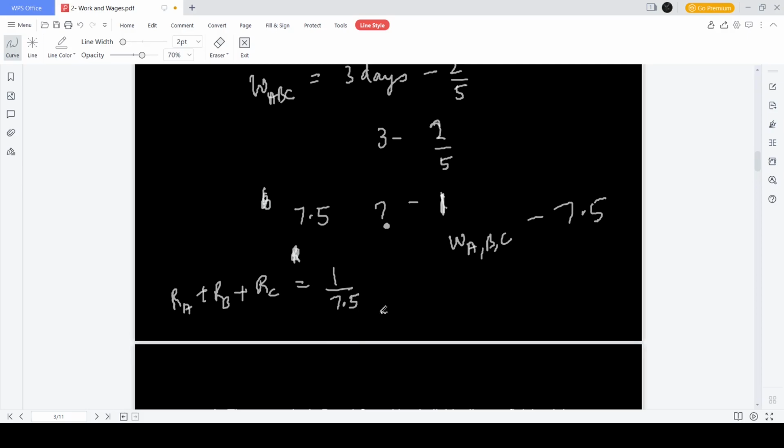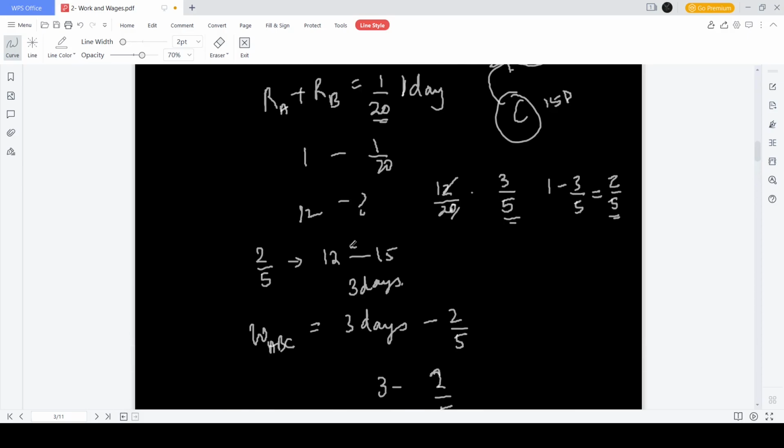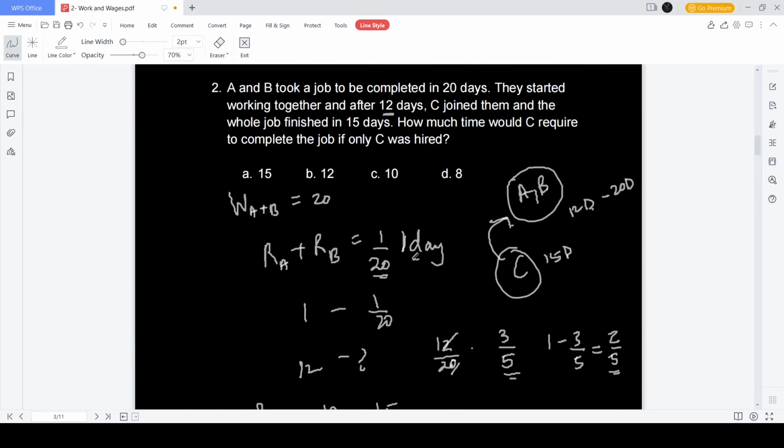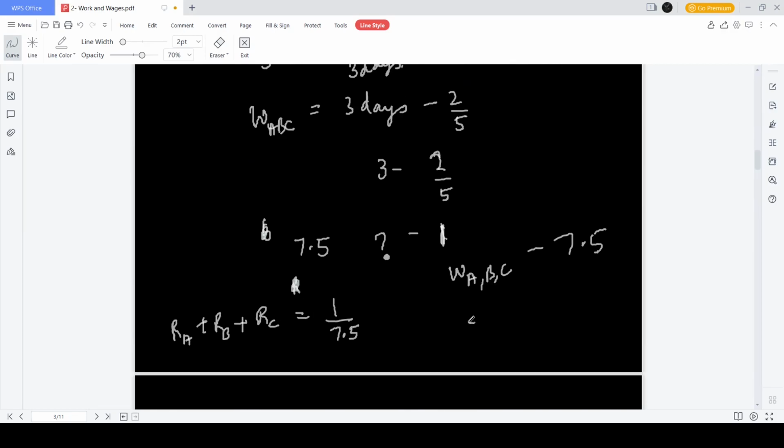Correct? So if this is 1 by 7.5 and rate of A plus rate of B is nothing but 1 by 20, so what is rate of C? Rate of C is nothing but 1 by 7.5 minus rate of A plus rate of B, that is nothing but 1 by 20. Okay, so this comes as, I'll just do it.